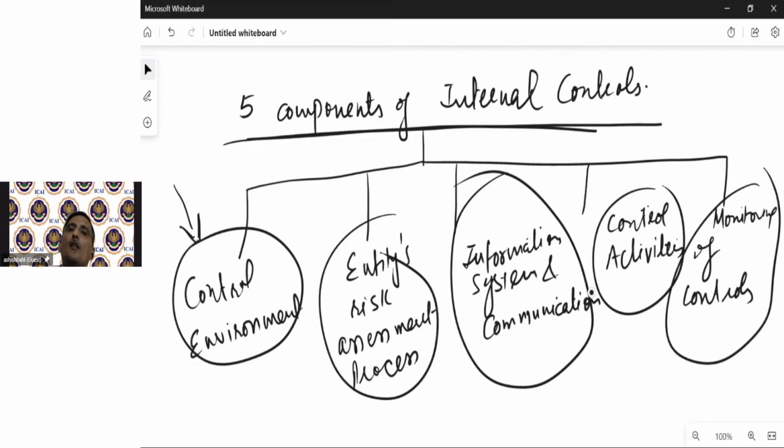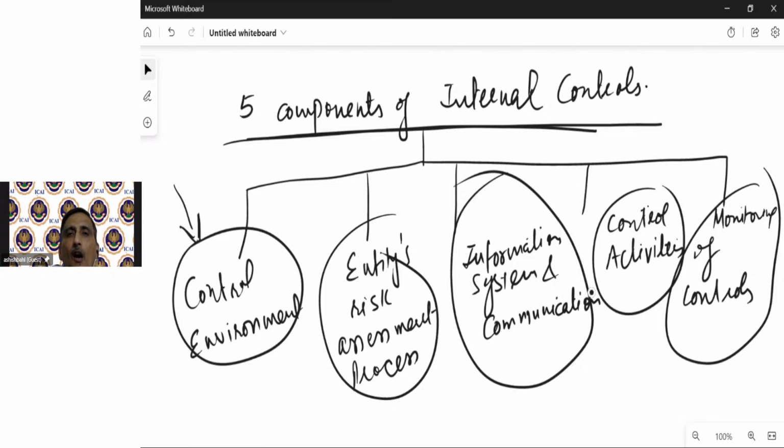So, what type of people management is, what are their ethical values, whether they promote the culture of honesty, what type of employees they are hiring, how much do they care about their employees, what is their governance structure, how they delegate their responsibilities, do they promote team culture, do they promote teamwork, or do they work in a typical hierarchical system.